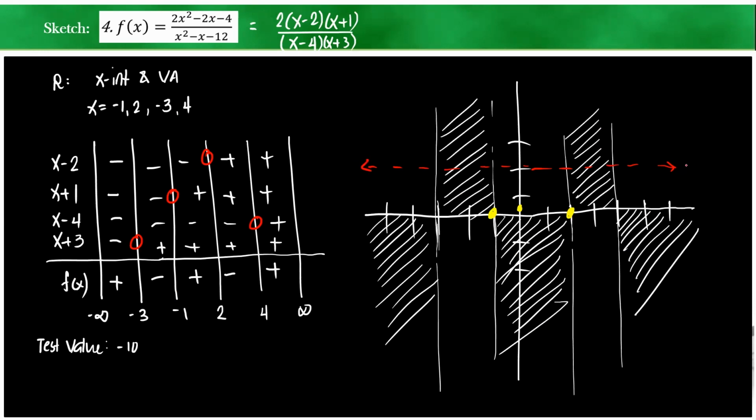So I can say here that y equals 2 is a horizontal asymptote. X equals 4 is a vertical asymptote, and x equals -3 is also a vertical asymptote.